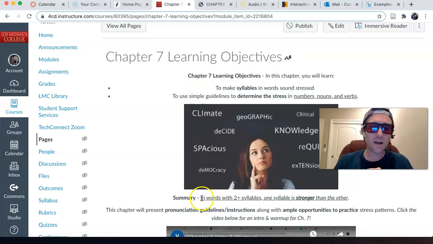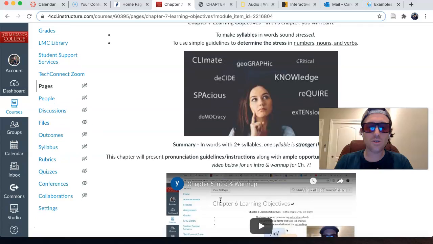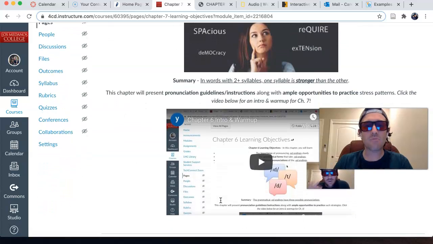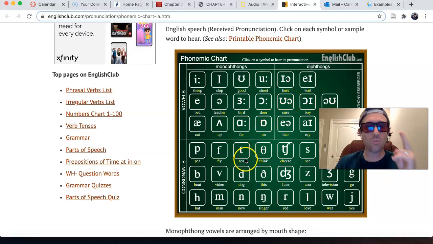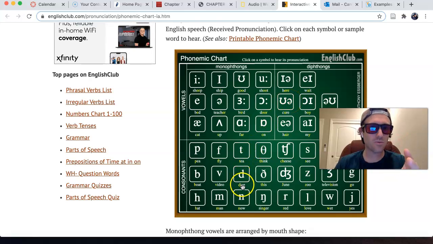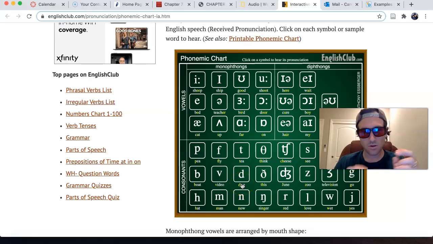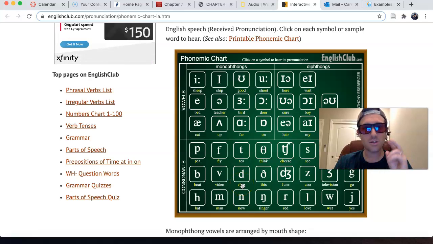So in summary, remember that a syllable needs to have a vowel sound, at least one vowel sound, and more often than not one or more consonant sounds. To form a syllable, you need those two things.